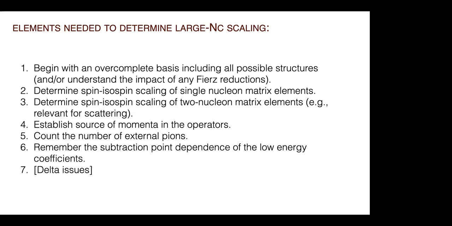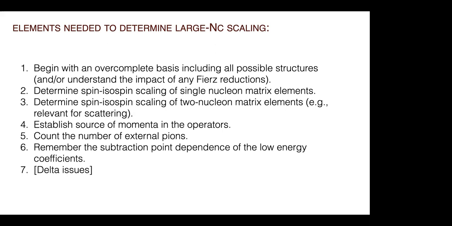Also influencing the counting of any contribution is the number of coupled pions. These are derivatively coupled. There is a known scaling with the large number of colors that the pions couple with the nucleons, and that's going to affect the overall impact of how that interaction will manifest in the process you're interested in.